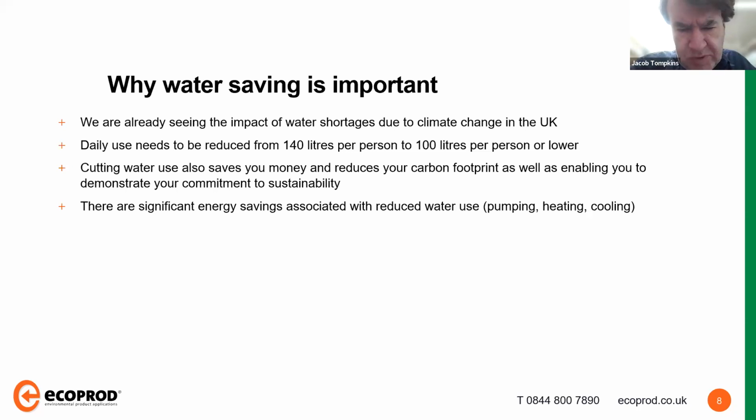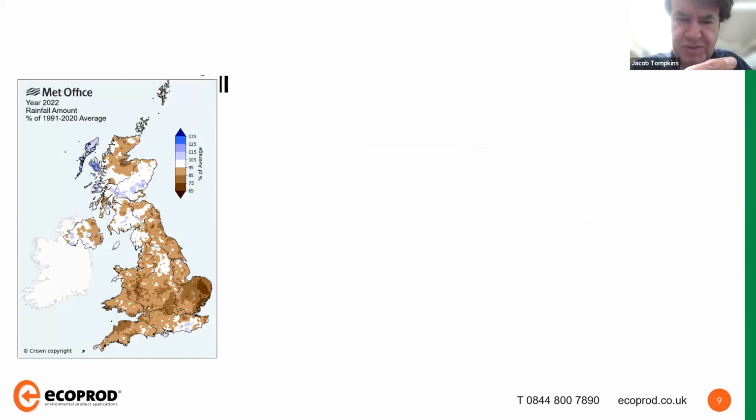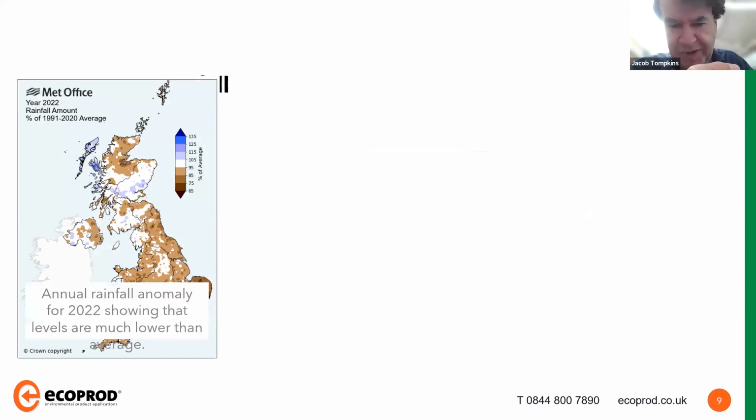Saving water also shows your commitment to sustainability, both to your customers, but also to your bank, your insurers or your supply chain. So the key things here are that it's essential to save water for its own sake, for your security in the first place. It's essential from an energy viewpoint, and it's essential from a reputational viewpoint.